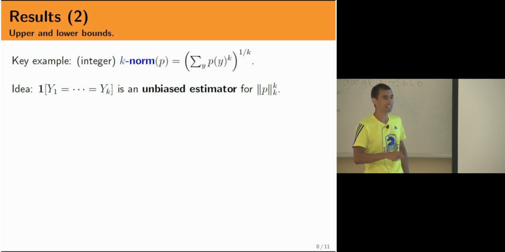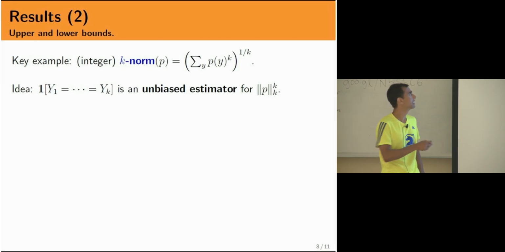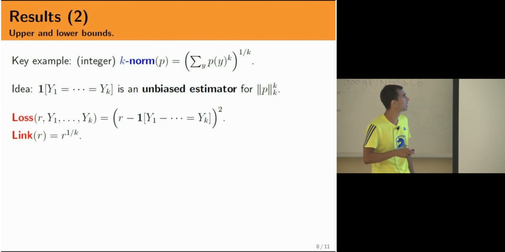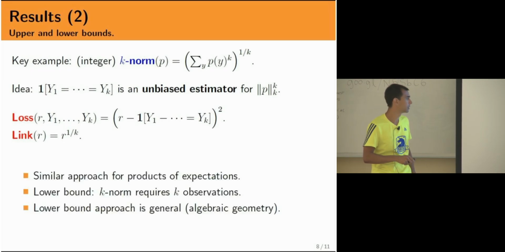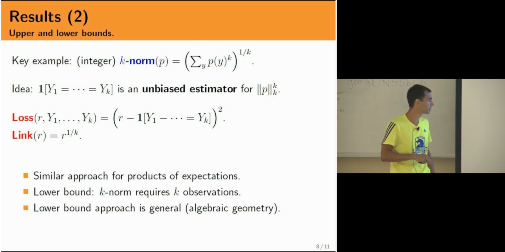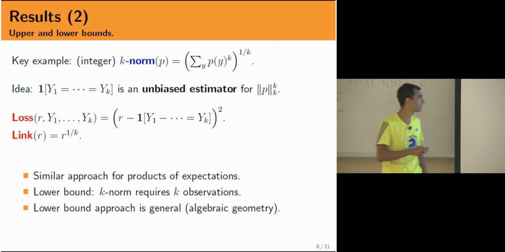If you draw k IID samples, observations, the indicator for them all being equal is an unbiased estimator for the k-norm to the k of the distribution. And so you can construct a loss using that idea very easily that elicits it, and use a link to get the k-norm itself. You can have a similar approach for other things that look like this.